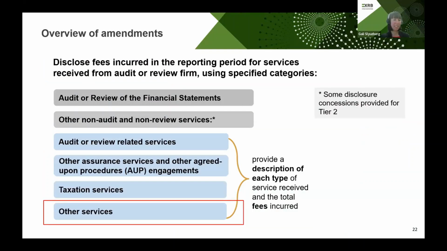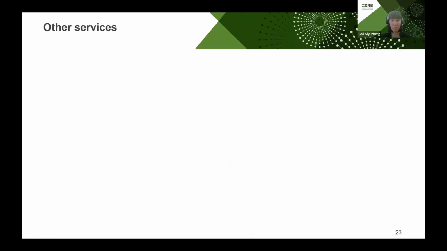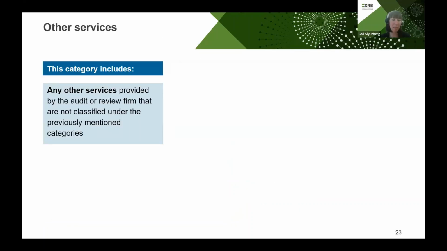And now moving on to the last non-audit services category, which is other services. So again, as the name probably suggests, this category includes all other services provided by the audit or review firm that have not been classified in any of the categories that I just went through.